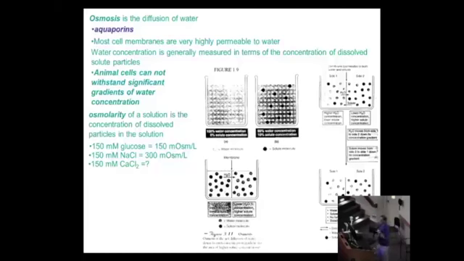If I have 150 millimolar calcium chloride, how many milliosmoles per liter do I have? 450. Good work. Because we have 1 particle of calcium and 2 particles of chloride per molecule of calcium chloride. Okay? Good.